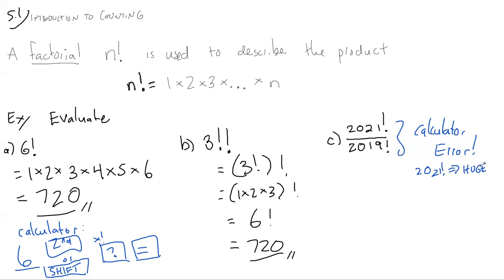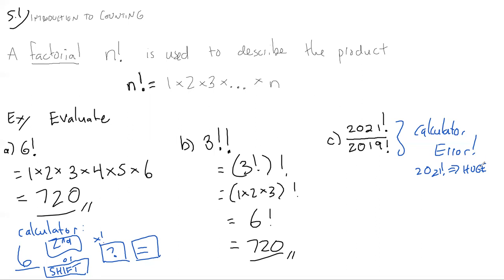But the number of digits is probably something like 3,000. It'd be about a 3,000 digit long number. So your calculator can't store that super large number, and so it just gives up. And then 2019 factorial is also going to be a super huge number, but again, your calculator is just going to give up. It doesn't mean that this doesn't exist. It just means we need to look at it differently.